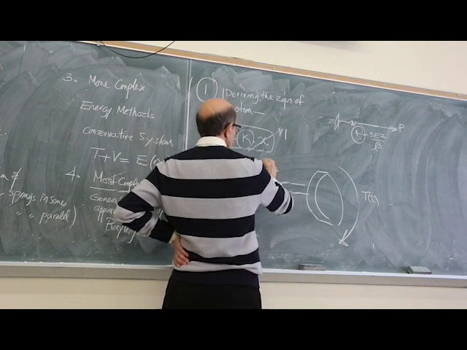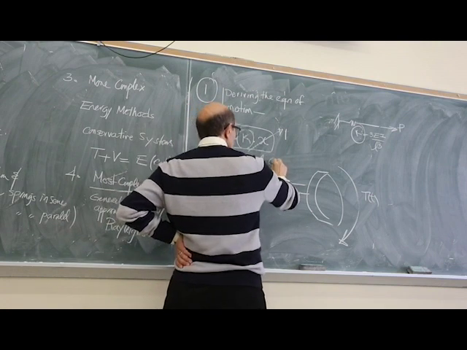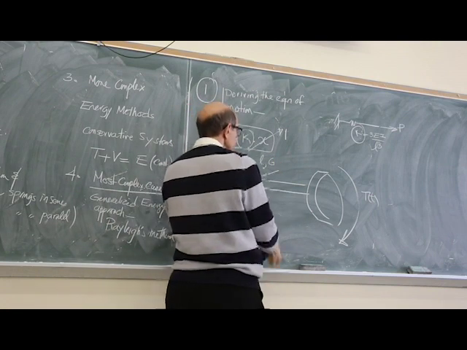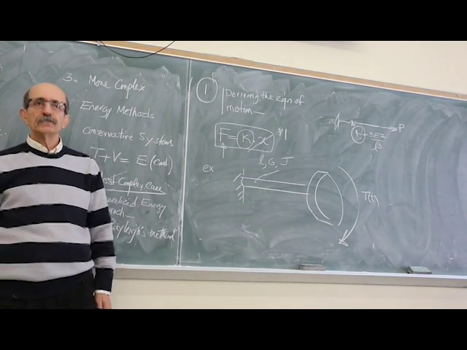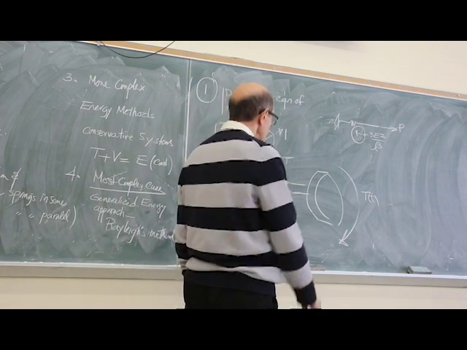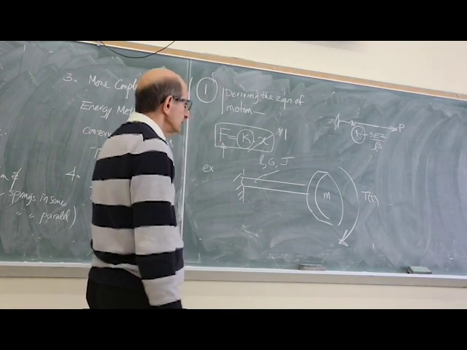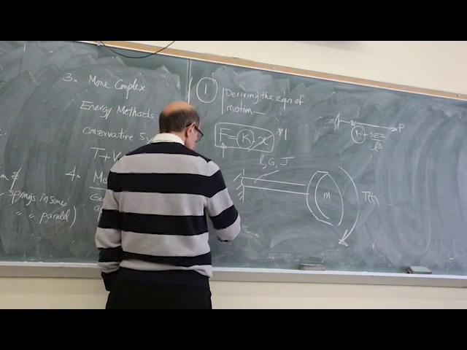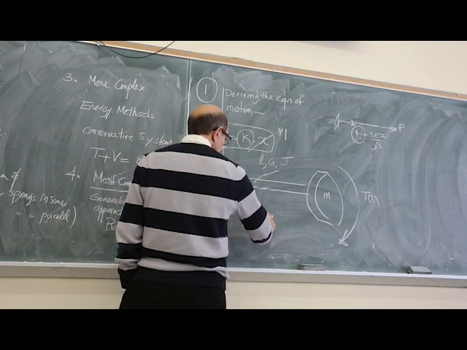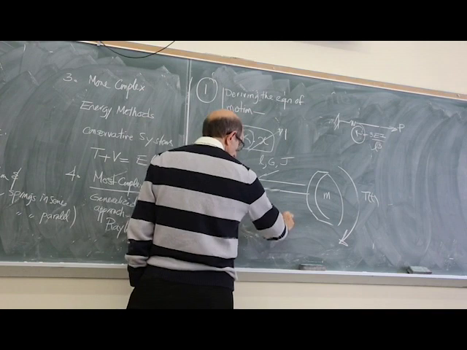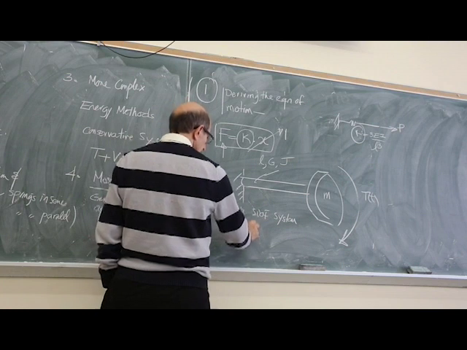This shaft has the geometric properties of L as length, shear modulus G, and polar moment of inertia of the cross-section J. And this is just a lumped mass. What we want to do is to find a single degree of freedom system that represents this. In other words, we want to find this.